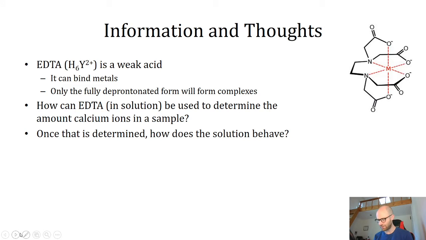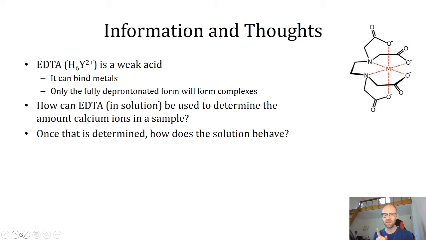But some thoughts I have about EDTA so far. I think I scratched the surface of this in the last lesson. EDTA being a weak acid is a pretty important chemical property. But then separately, it binds metals. Those are like two different things that it does.